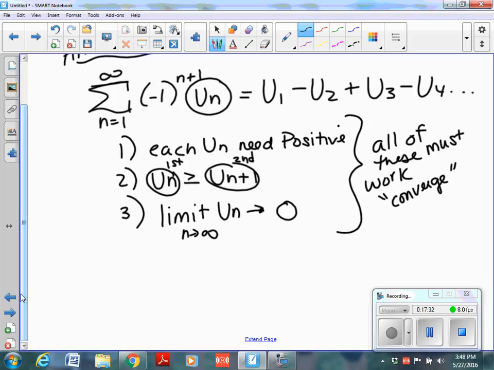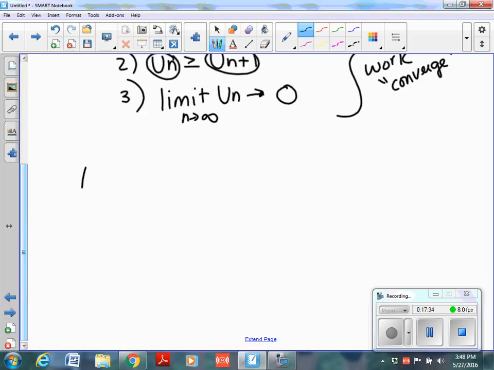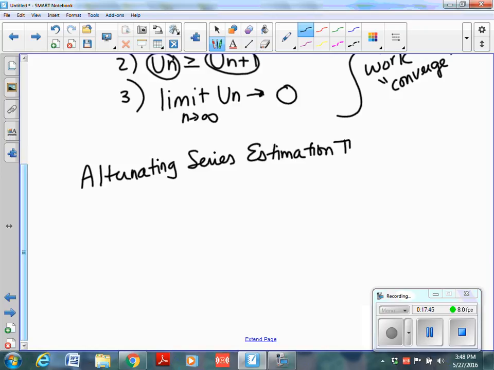And then they talk about the alternating series estimation theorem.